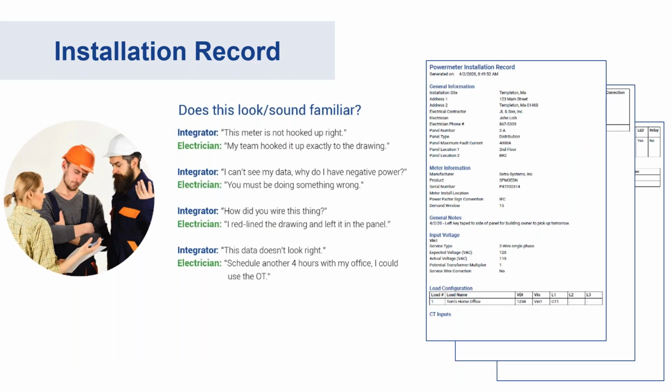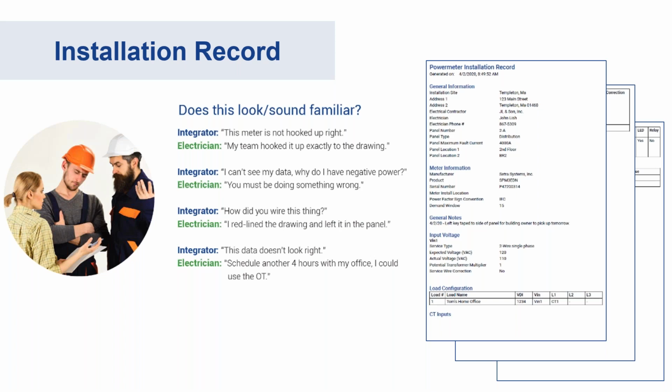Another important aspect that we were asked for with our voice of the customer was: give me an installation record so that I'm not hand scribbling this stuff at the job site. Something that is easy to capture, log, and then report as built for the actual job. So in this case, the installation record is actually captured in the meter itself. I've gone into the configuration, and once it's fully configured, I log all of this information, right?